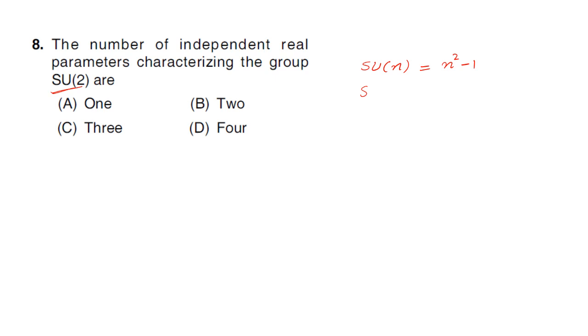For the group of special orthogonal matrices of order n it is given by n into n minus 1 divided by 2. Here n is 2. Therefore, the number of independent parameters of group SU2 is given by 2 square, that is 4 minus 1, equal to 3. Option C is correct.